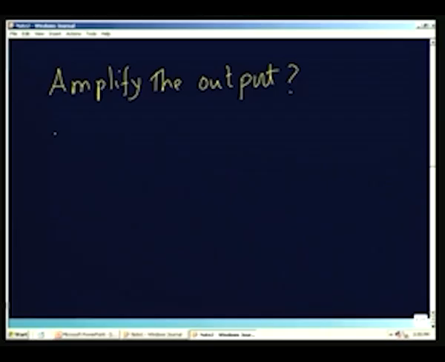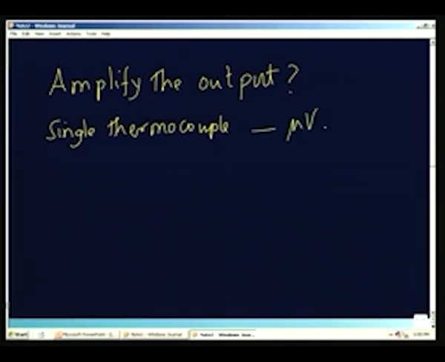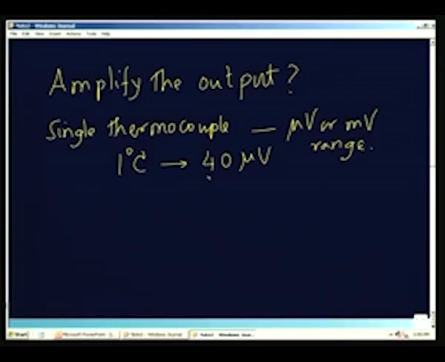If you remember, for a single thermocouple, the output is in the microvolt or millivolt range. This is well known, we have already seen this earlier, because 1 degree Celsius gives about 40 microvolts for a K type thermocouple.